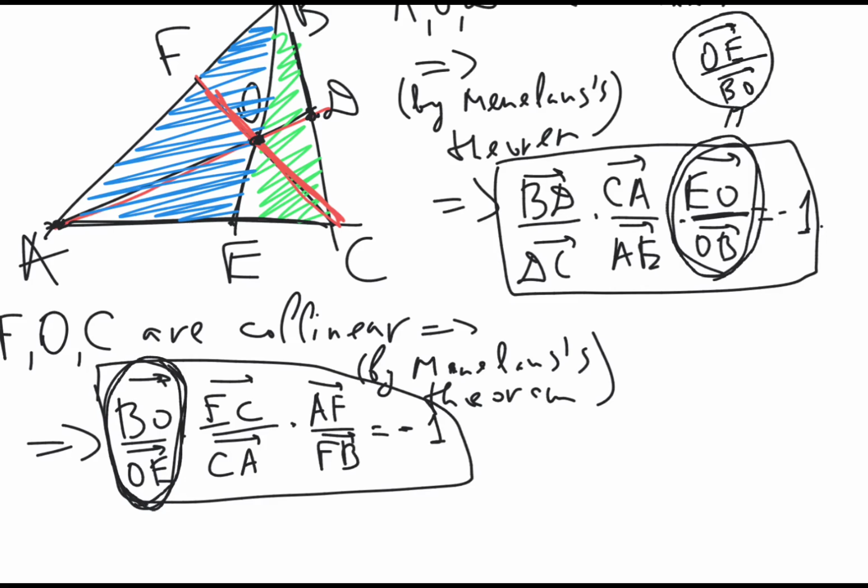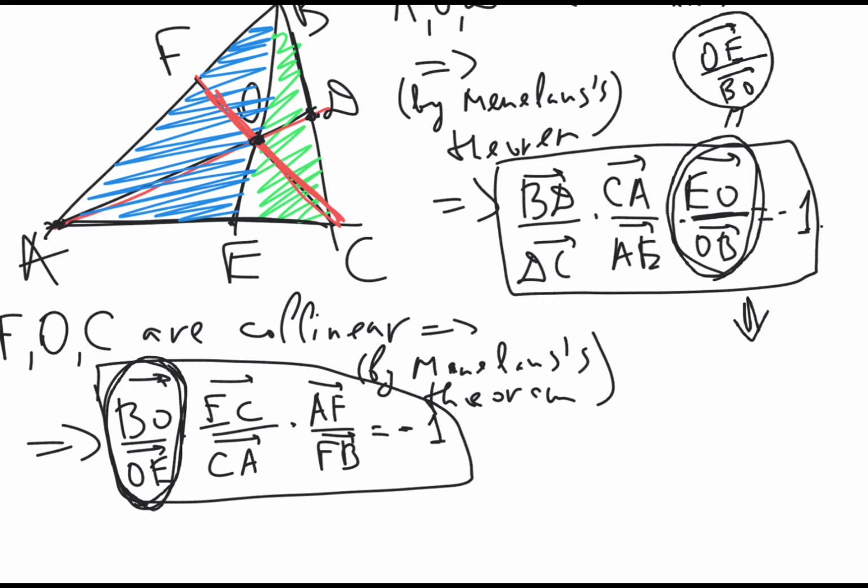So from this we can express now that OE over BO vectors is equal to, well, it's easier to move it to the other side.